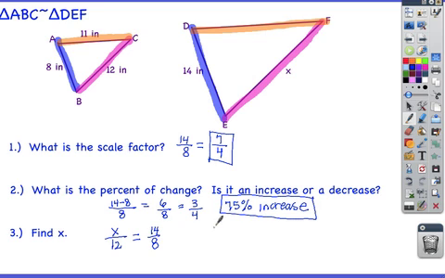This can be reduced, so we have x over 12 equals 7/4, and we can either use cross products or equivalent fractions. Since 4 goes into 12 3 times, I can multiply 7 by 3 in order to get my x, which is 21. And therefore x is 21 inches.